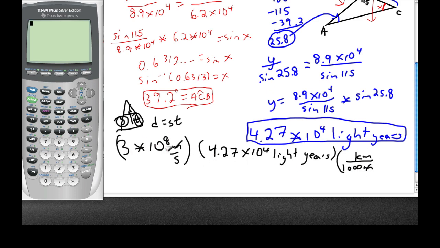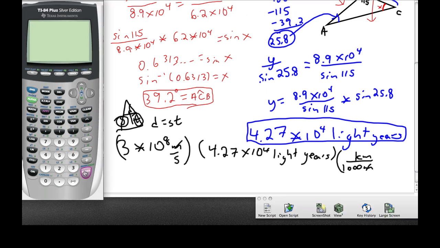But let's let the calculator do the work here. Okay, now we have a bit of a problem here. We have years per second, so that's not going to work. So we need to figure out there are 60 seconds in a minute, 60 minutes in an hour, 24 hours in a day, 365 days in a year.